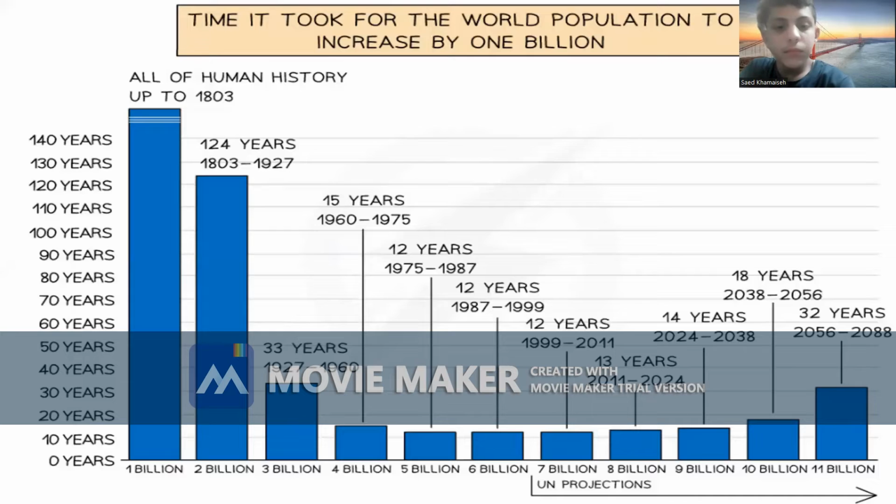It is 12 years, 5 billion. Here also, until 2000, people became 5 billion. From 1980 to 2000, 20 years, people went to 5 billion, 6 billion. So this is a number.